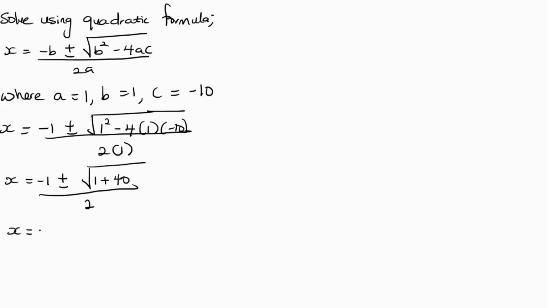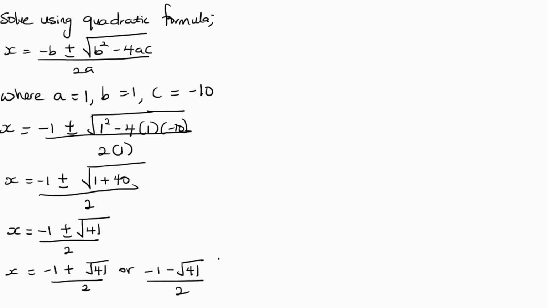So x is equal to minus 1 plus or minus the root of 41 over 2. So this can be written as x is equal to minus 1 plus the root of 41 over 2, or minus 1 minus the root of 41 over 2.